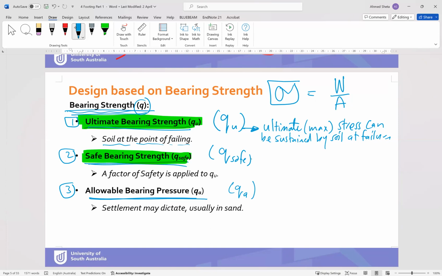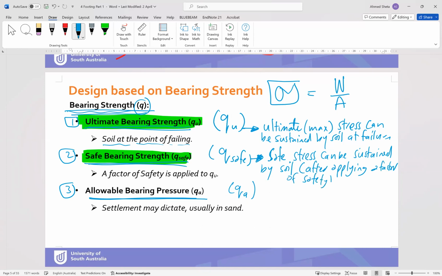The safe bearing strength, Q safe, is the safe stress that can be sustained by soil, which is after applying a factor of safety.